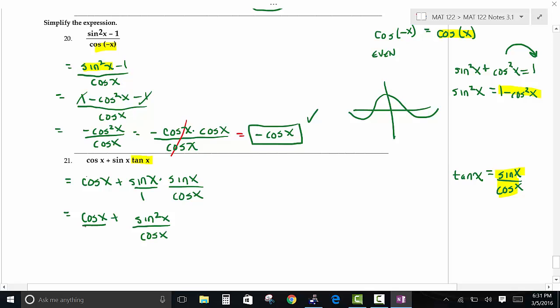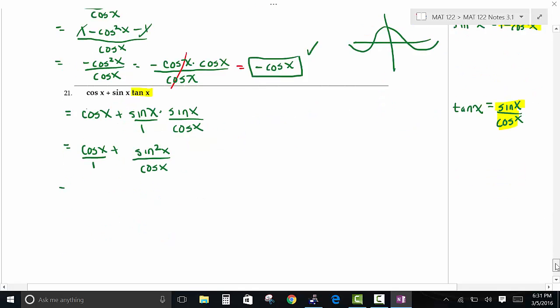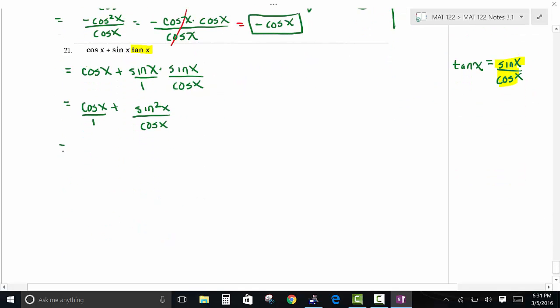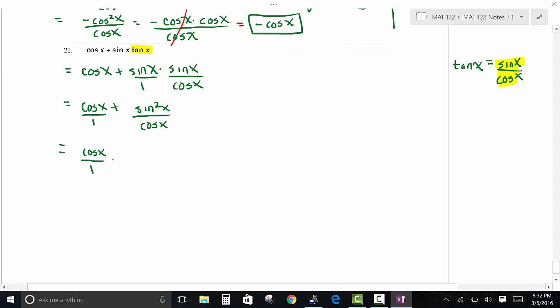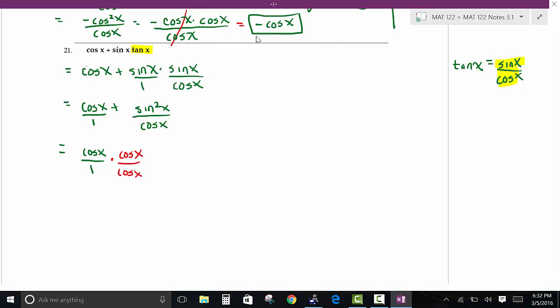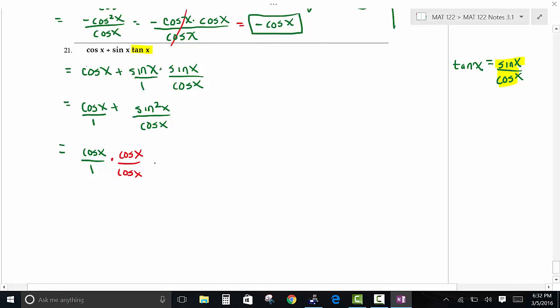Now I need to think about getting a common denominator and adding fractions. Okay, so I'm going to do that and work with that a little bit. So I'm going to put this over 1 and get a common denominator. The common denominator is the cosine, so I'm going to multiply this by cosine x over cosine x, and I'm going to bring down this so it says sine squared x over cosine x, like that.